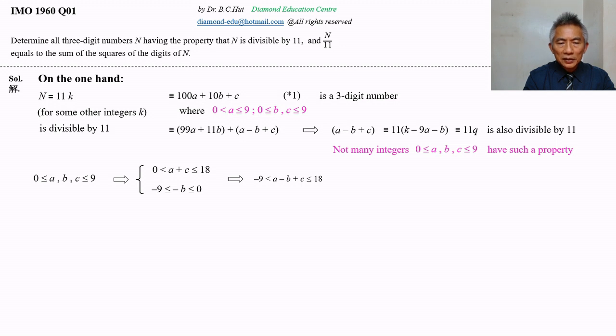So a minus b plus c lies between minus 9 and 18. So the value of a minus b plus c could either be 0 or 11.